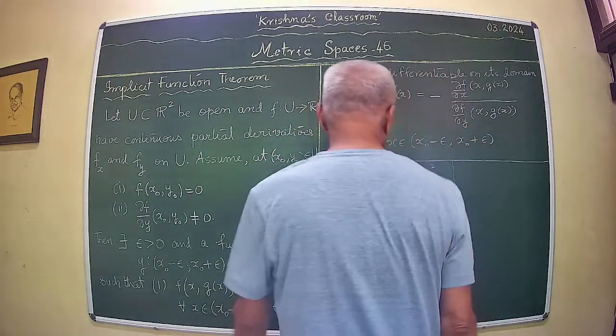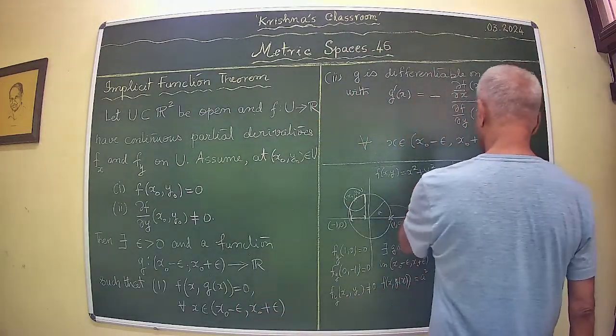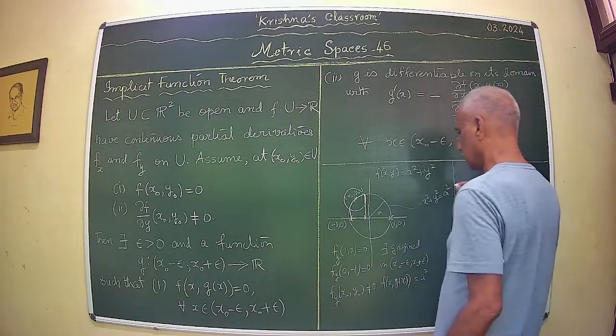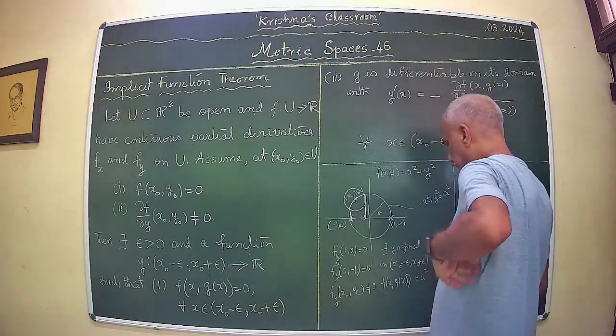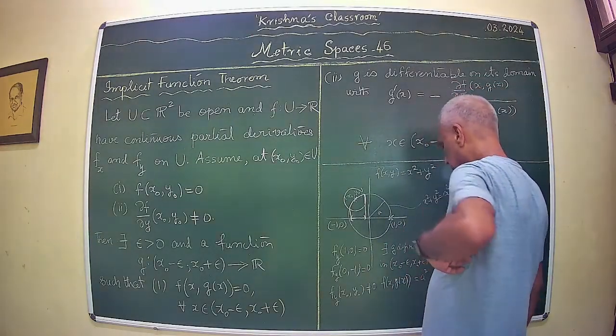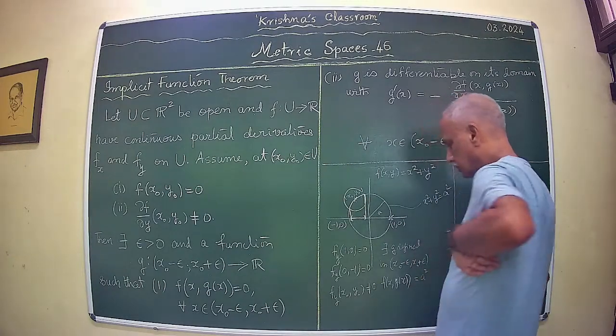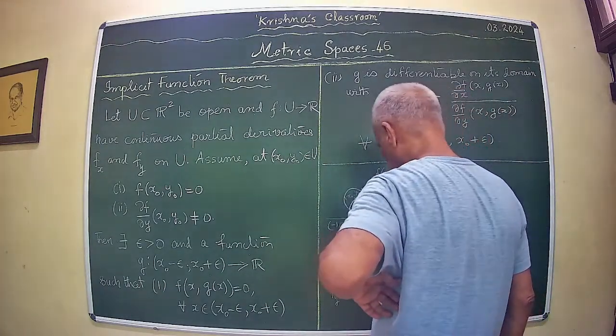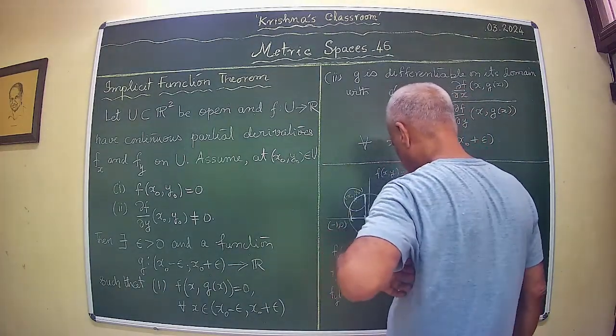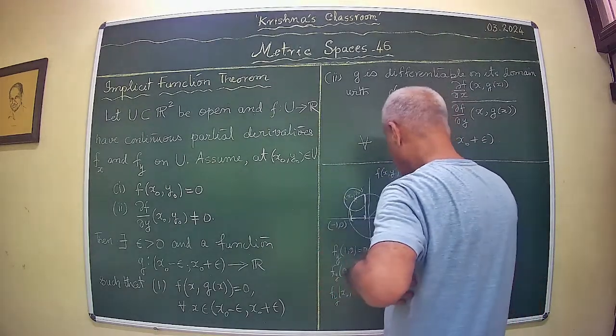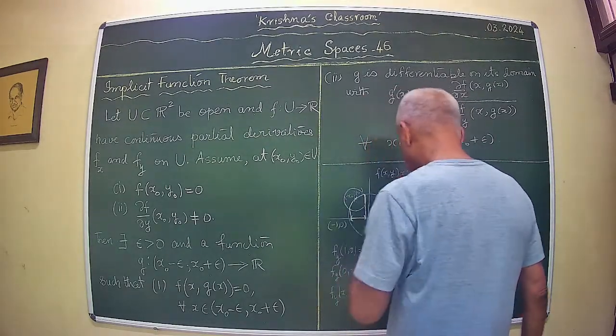We take the function to be x square plus y square minus a square, and if you take that form, then it is going to be... okay.